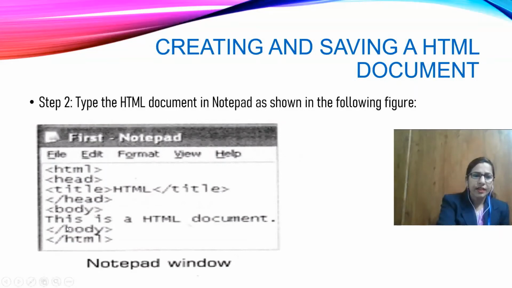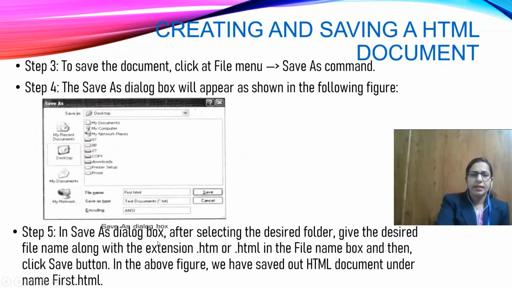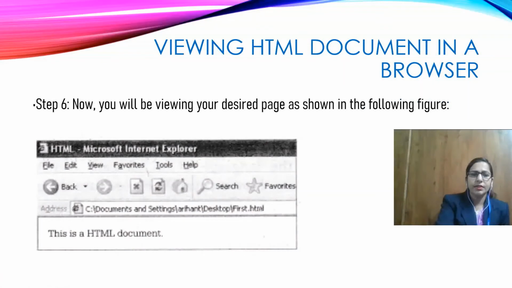Next, this is the HTML document, in the body tag. You can see this web page has a title bar with the title written in the HTML code, and the text written in our body tag shows on your web page.